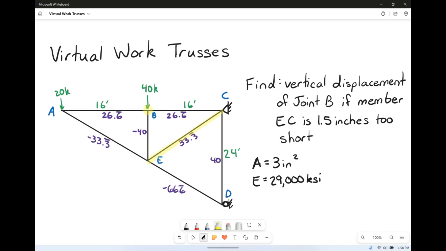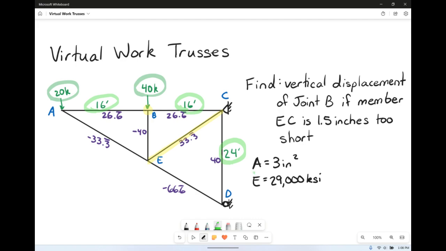So the numbers that you see, the ones that are in purple, are going to be the calculated values for the member forces with the loads given. And the numbers in green are the applied forces here, and then also in green is the lengths of the truss that we were also given. The rest of it we have to calculate on our own.